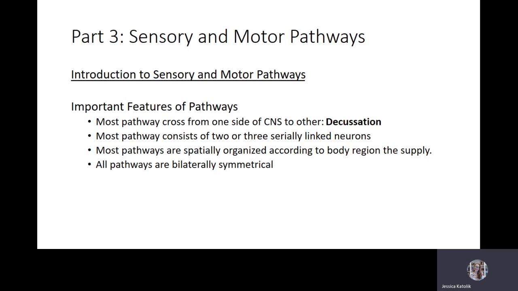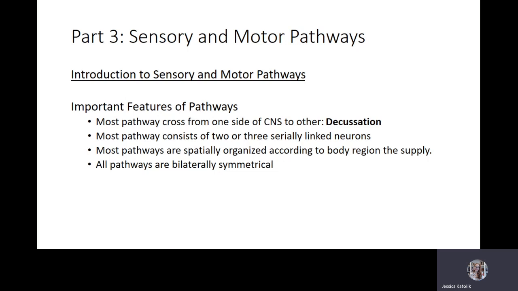Also, all of these pathways are going to have 2 or 3 neurons serially linked together. When we had our conversation about neural integration, we talked about 2 types of processing, serial versus parallel. Serial integration or serial processing is going to have one nerve synapsing with another, and that nerve synapsing with a third.